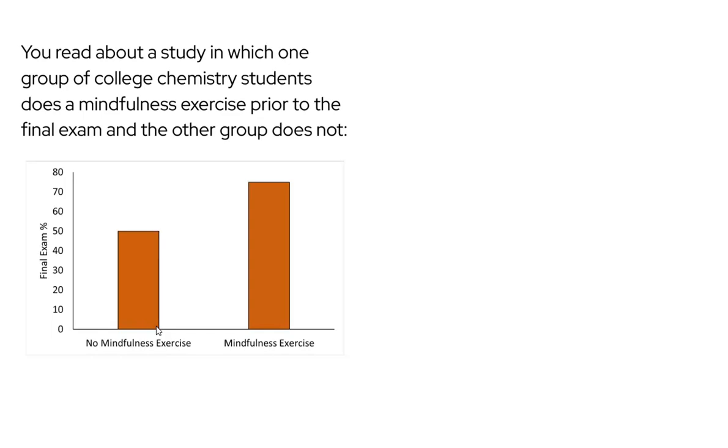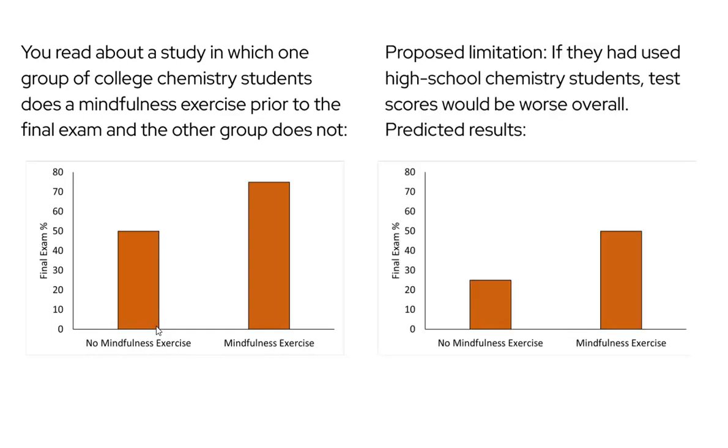This next example is about a hypothetical study in which a researcher finds that college chemistry students who do a mindfulness exercise before their final exam get higher scores than another group that does not do the mindfulness exercise. A student might propose as a limitation that if they had used high school chemistry students, then test scores would be worse overall.